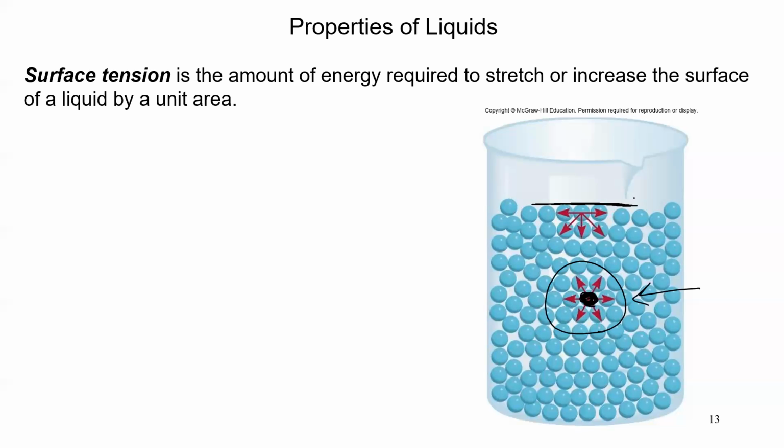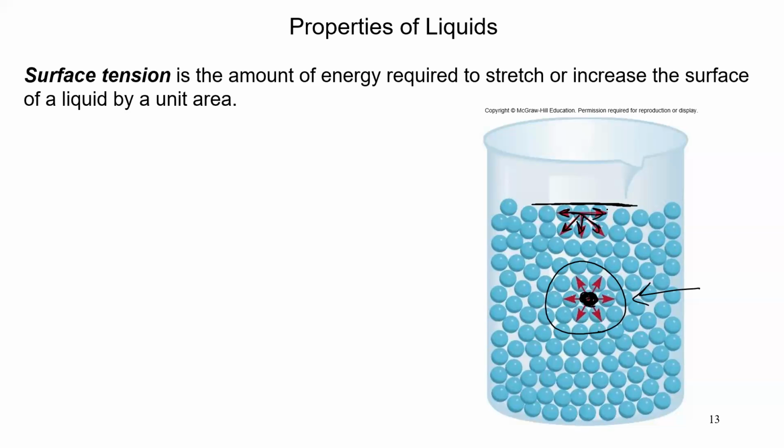It's not that things in the air don't interact well with whatever the liquid is, but more often than not, gas molecules are moving so much faster than the liquid molecules. Even if they do interact, they're going to move away before that interaction can really hold that molecule there or be a permanent interaction. Whereas the interactions that it has with the liquid around it are more permanent, they're long lasting.